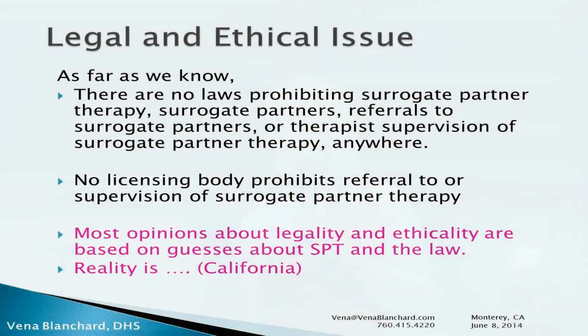The couples who were married dropped out more than the clients who were working with surrogate partners, and the treatment was more effective with the surrogate partners, or close to as effective, but slightly more effective working with a surrogate partner than with a personal spouse. It's not true there is no research.